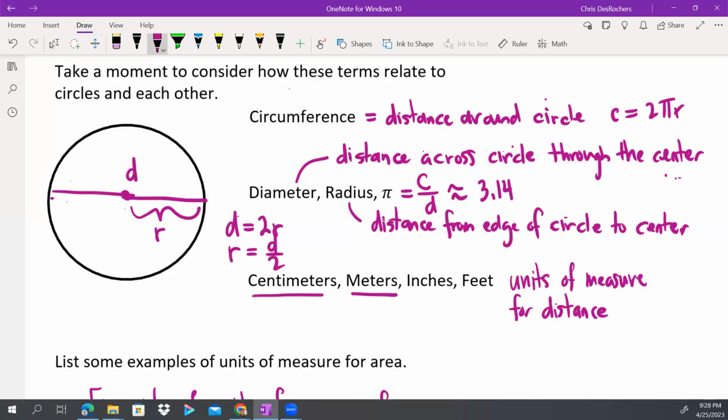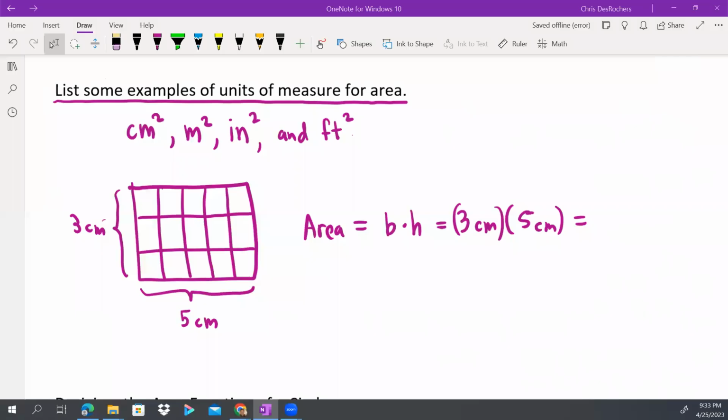Centimeters, meters, inches, and feet are units of measure for distance. List some examples of units of measure for area. Here, some examples of units of measure for area are centimeters squared, meters squared, inches squared, and feet squared.